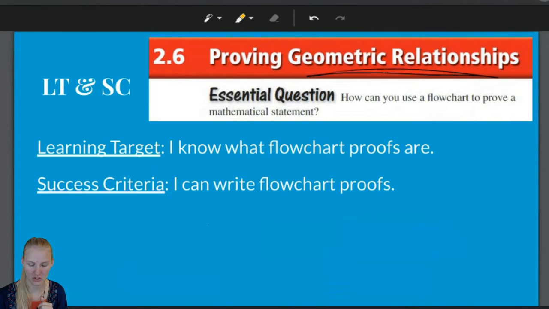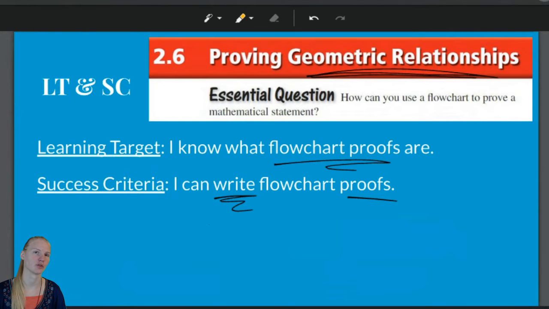Now we're focusing on geometric relationships as a whole. So any type of relationship between objects in geometry we could look at in this section. The learning target is that you know what flowchart proofs are, and the success criteria is that you can write flowchart proofs. So we're going to continue writing proofs in this video, and we're going to continue writing proofs in the next video as well.